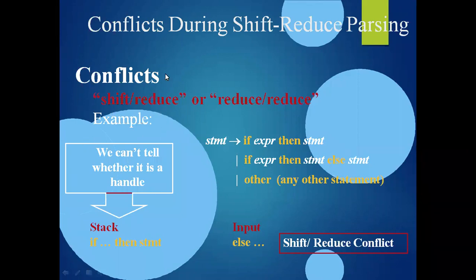The reduce reduce conflict occurs in a state that requests two or more different actions, that means two or more different reduce actions at one entry. Then we can get this type of conflict, right? These are the commonly occurring errors. We can call them errors, or we can also call them conflicts.